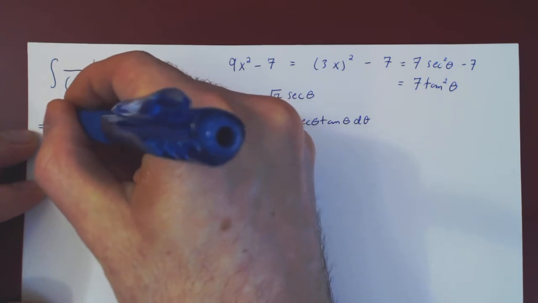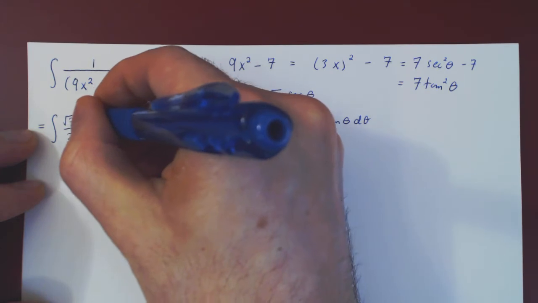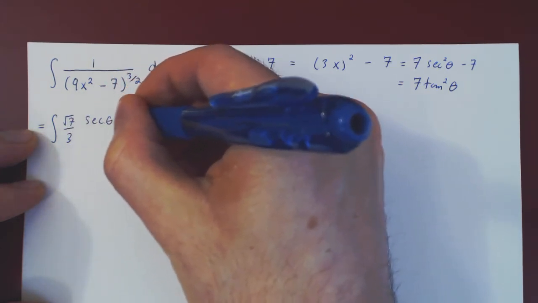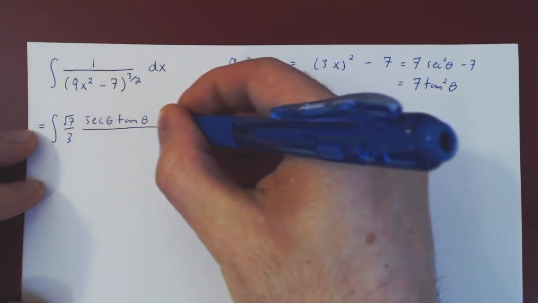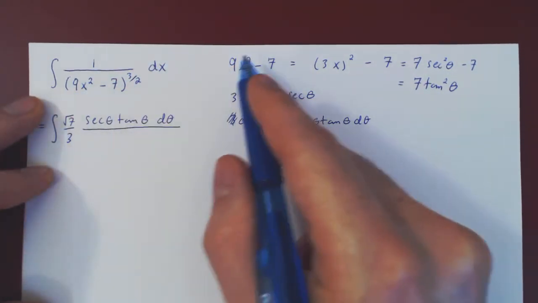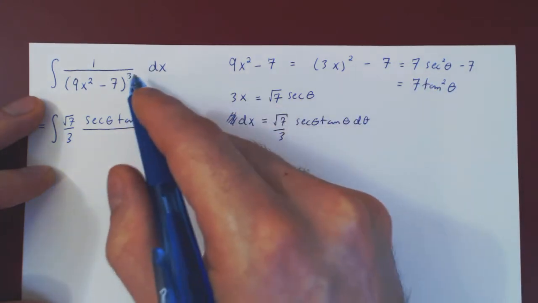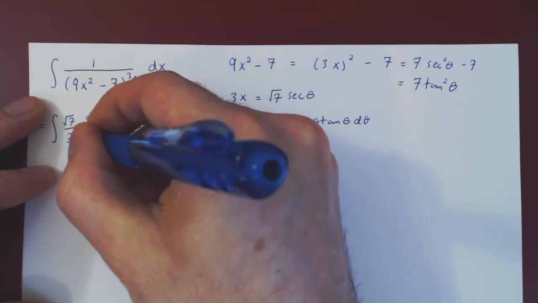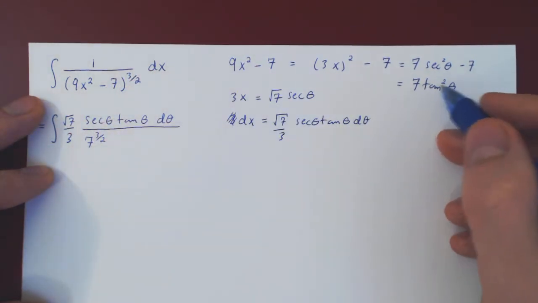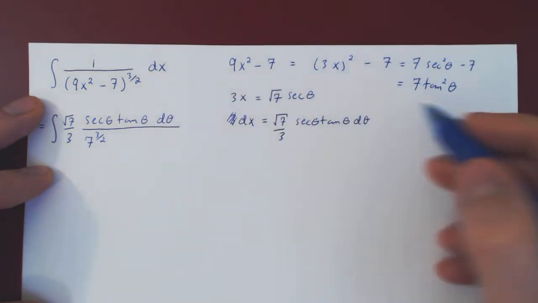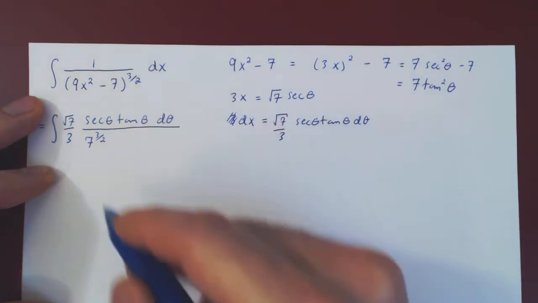So root of 7 over 3 secant tangent d theta over our polynomial to the 3/2 power. So if we distribute, we have 7 to the 3/2. And tangent squared to the 3/2, take the square root, that cancels the power of 2, you're left with tangent, and therefore tangent cubed.